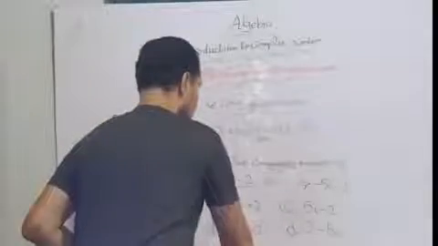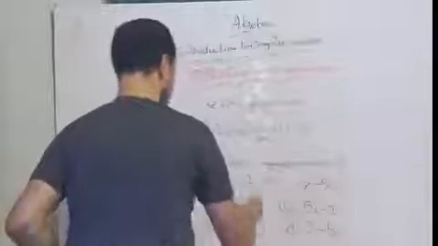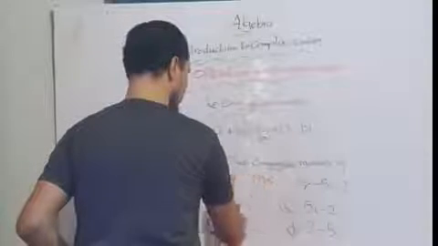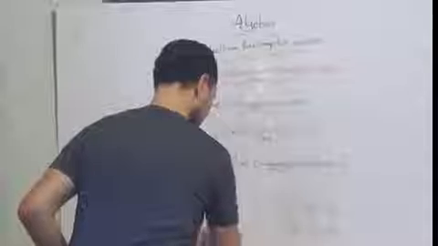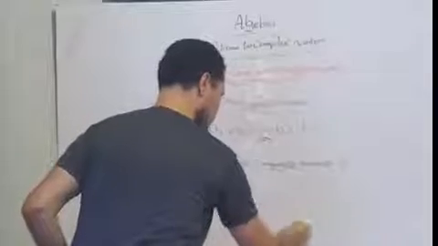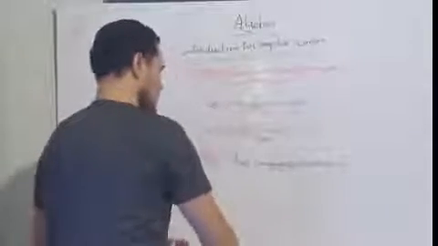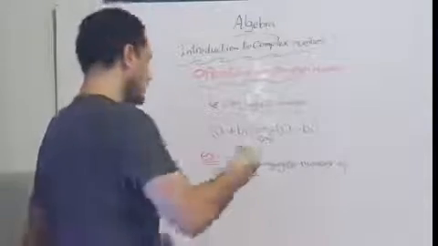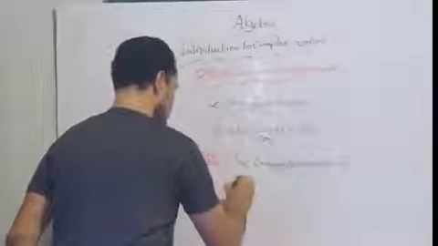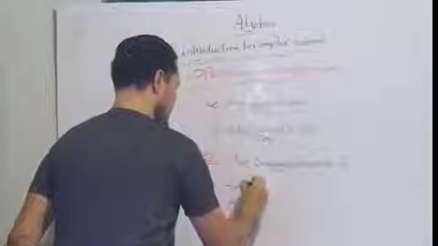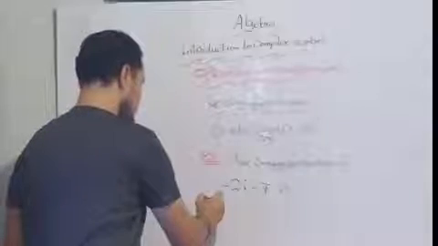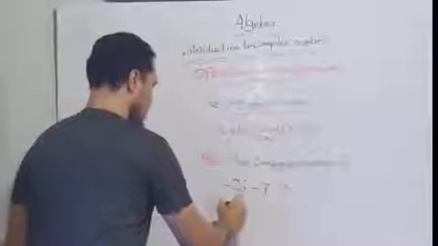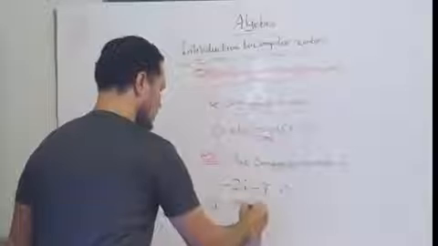Okay, another one, the conjugate of negative 2i minus 7 is: number A, negative 2i plus 7.